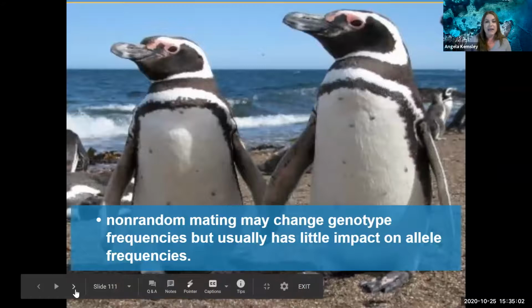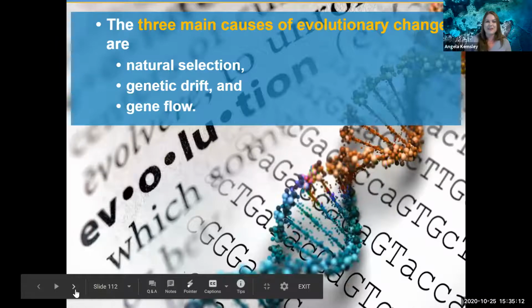Non-random mating, when individuals are being choosy, may change genotype frequencies, but usually has little impact on allele frequencies. Therefore, the 3 main causes of evolutionary change are natural selection, genetic drift, and gene flow.